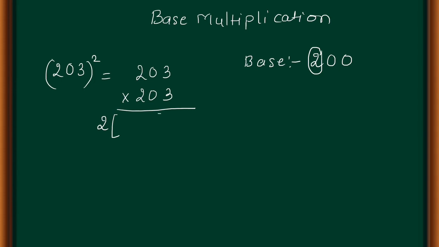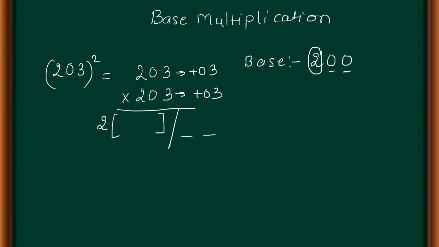You have to draw a box, put a dash, and then write two dashes. Why two dashes? Because it ends with two zeros. So now this is going to be plus 03 and this is going to be plus 03.